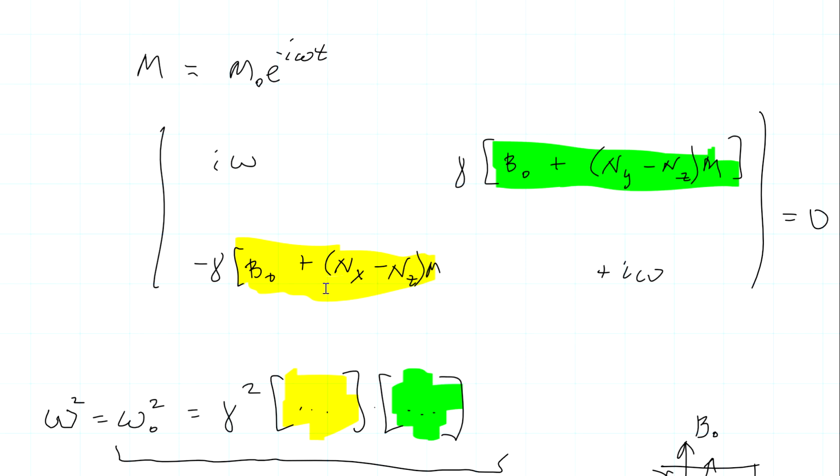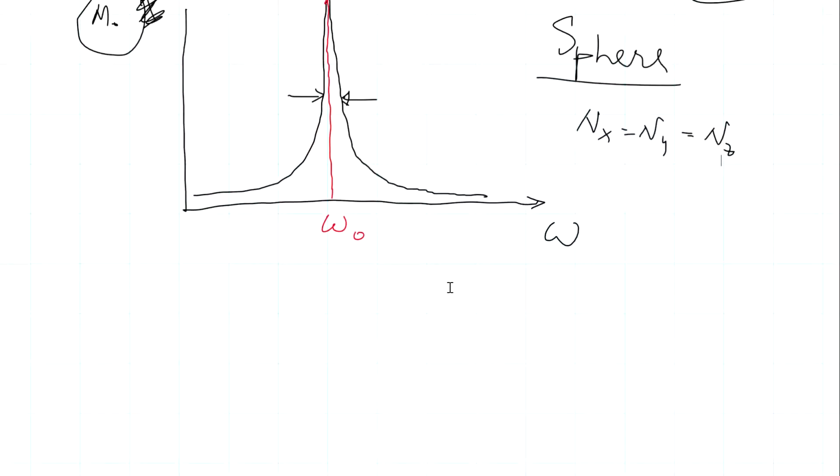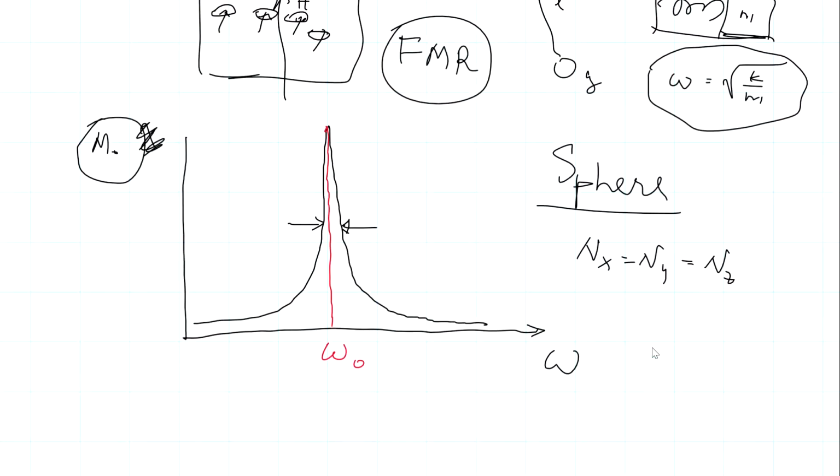This term would be 0. And in this case, our frequency will be independent of magnetization. So for a spherical particle, the resonant frequency would be equal to gamma B naught. This is a Larmor precession around the magnetic field.